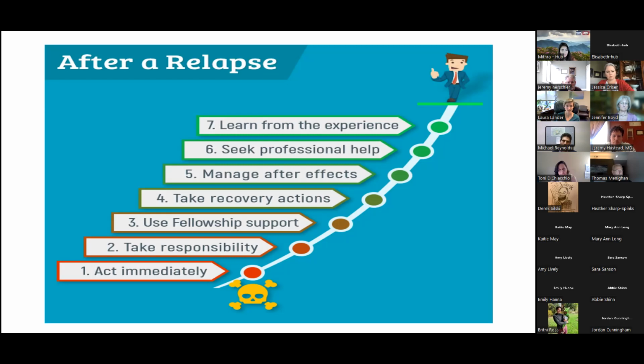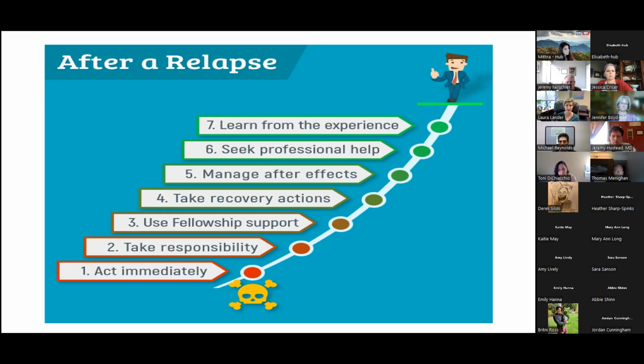If people are not honest about their relapse, the relapse is more likely to last longer, or they might have another relapse. Part of getting honest is taking responsibility, using social supports, fellowship supports, and taking recovery actions. People need to identify for themselves what that's going to look like.